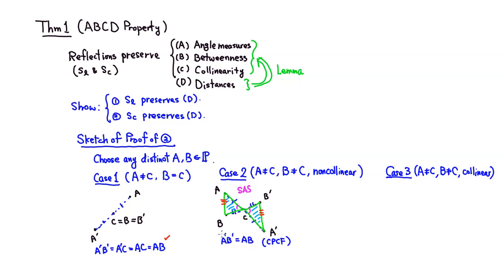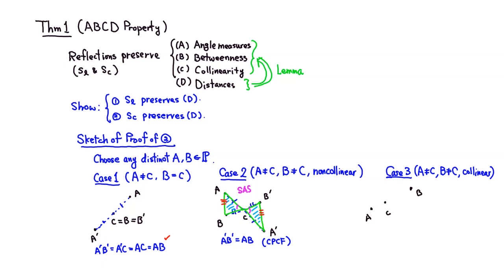How about the last case? A and B are different from C, but what if they are collinear? So I'll put A here, maybe B here, and then probably C here. They're collinear.